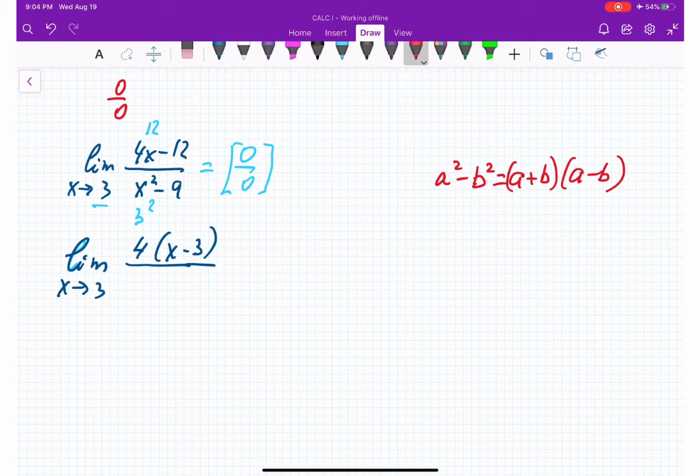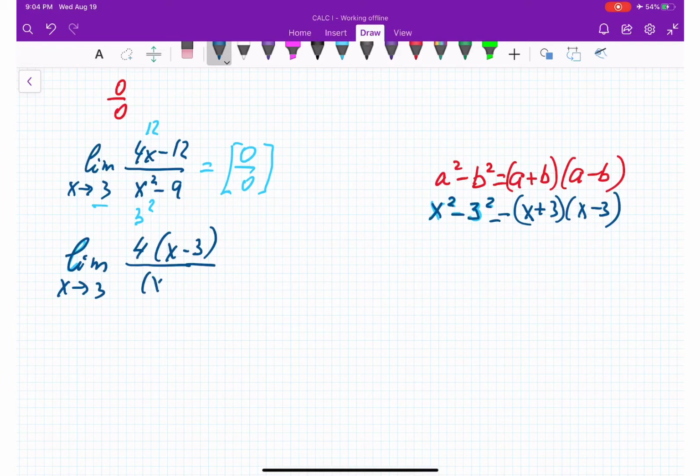So in this case we are going to get x squared, and instead of 9 I'm writing down 3 squared, right? Let me use dark blue color. This is going to be equal to x plus 3 times x minus 3. Yes?